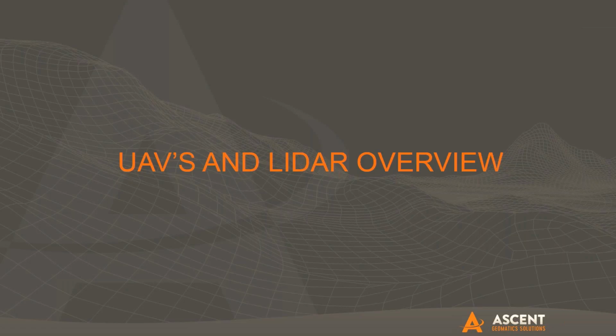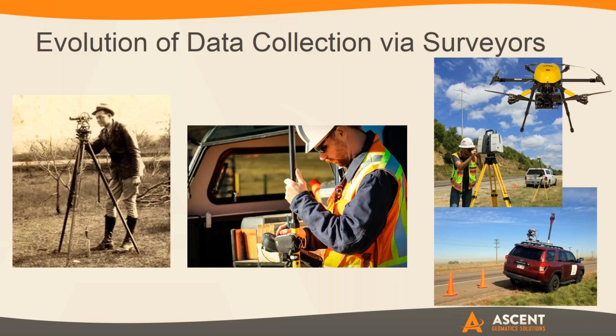So with that, let's jump into a quick 101 on UAVs and LiDAR in general, for those of you that are not as familiar with the technology. When you look at these types of tools, it's really just the evolution of where this technology is going as it relates to land surveying. If you see the guy on the left, that is obviously using a transit or older type of technology, and nobody uses that anymore.